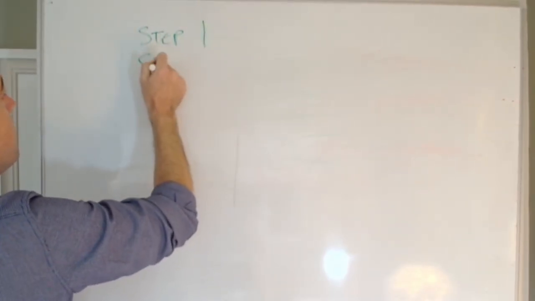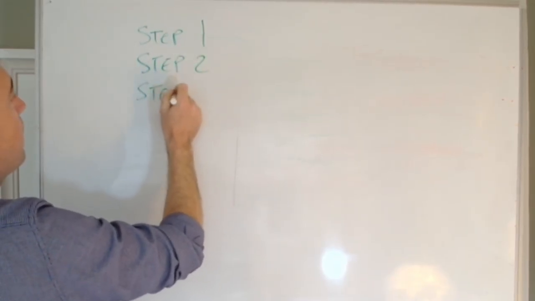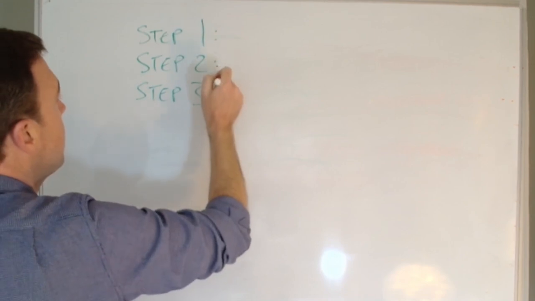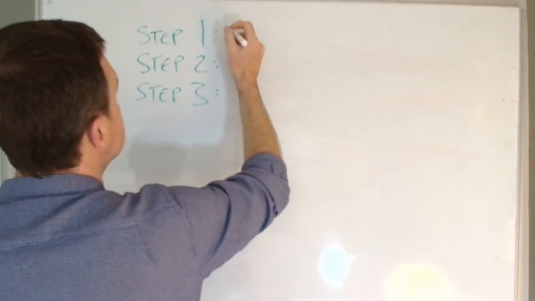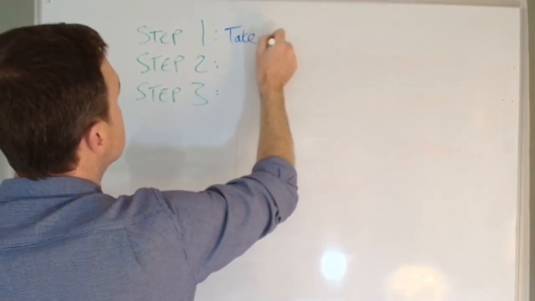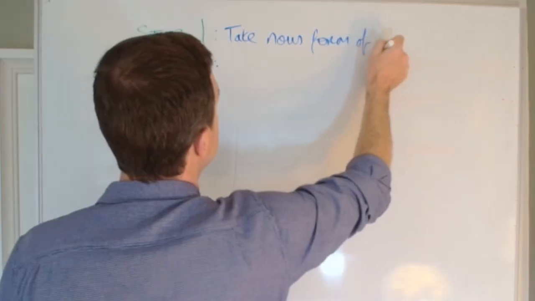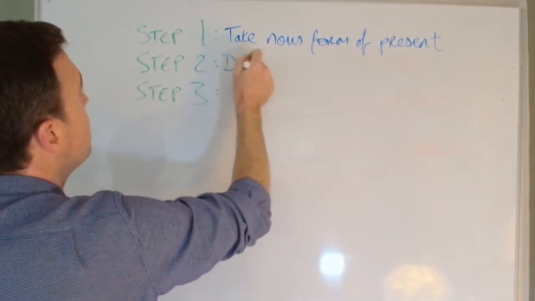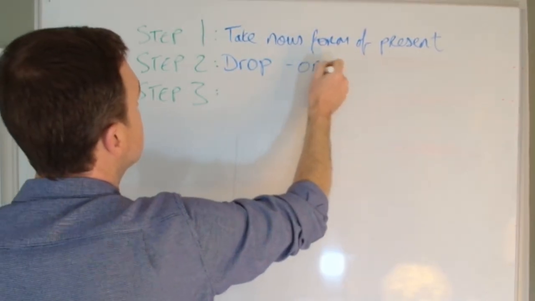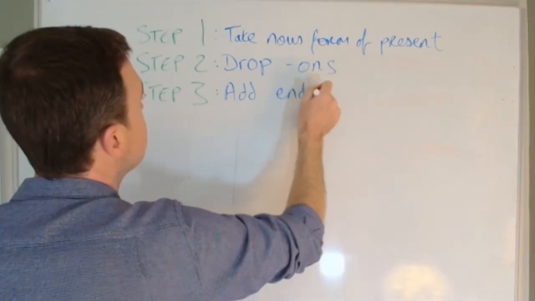Step 1, we simply take the nous form of the present. Step 2, we drop the -ons. And step 3, we add our endings.